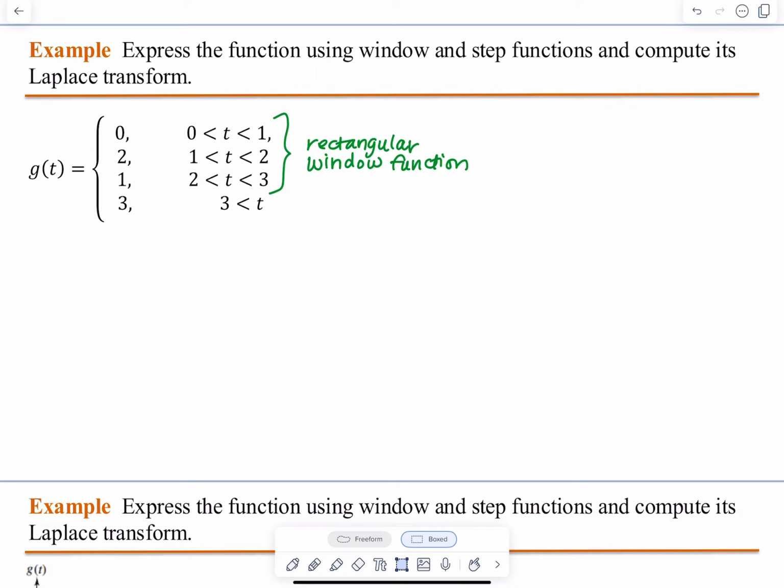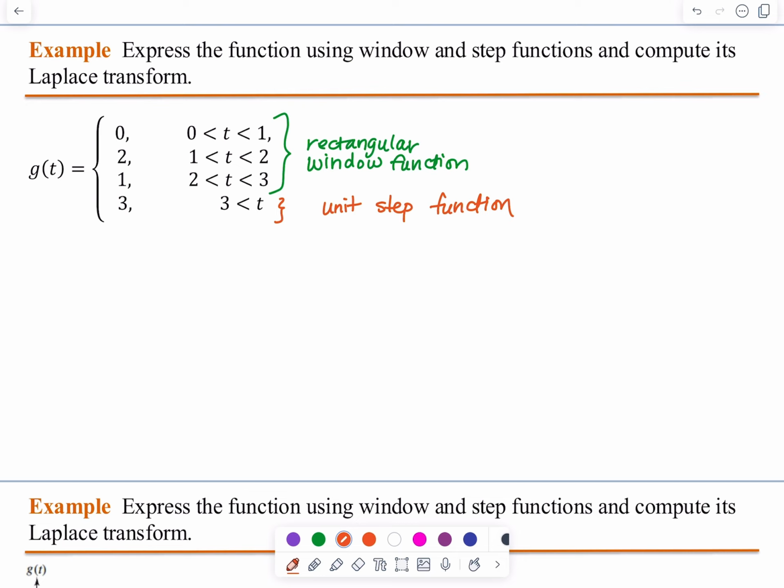And then for our interval from 3 to infinity, we are going to use our unit step function.